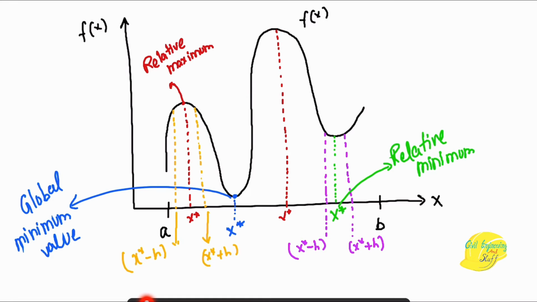So this is your global maximum. This is your relative maximum point, and this is your global maximum point.